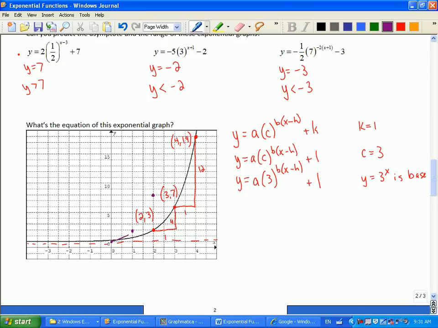It won't fit after that, so I'll just do my best estimate. I'll label those points for you. The purple is what our base graph would have looked like. It'll help us think about how it's changed. At 2 it would have been 9 because I'm squaring 3. So we know it's been moved up 1. What else has happened to this graph?